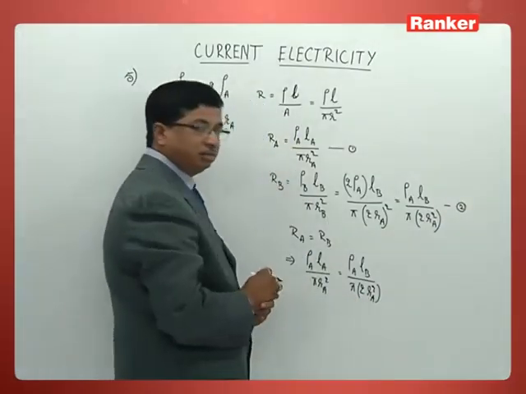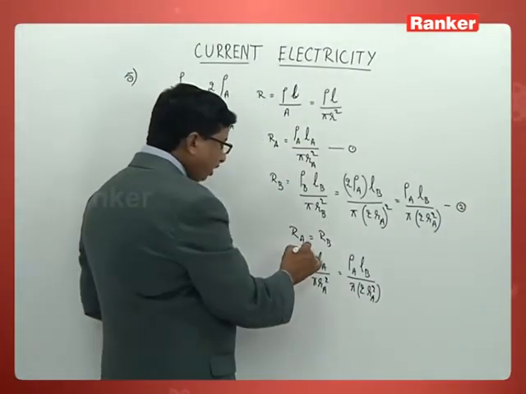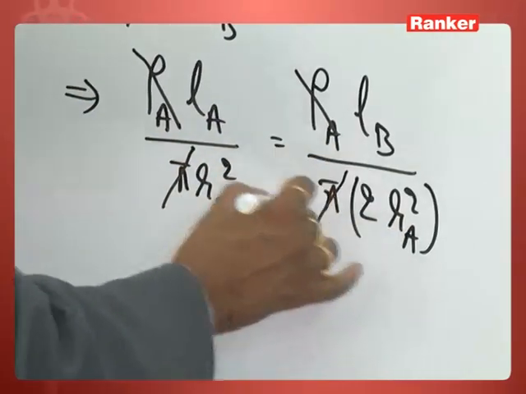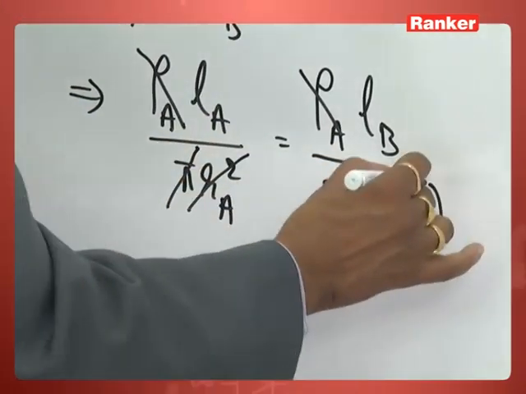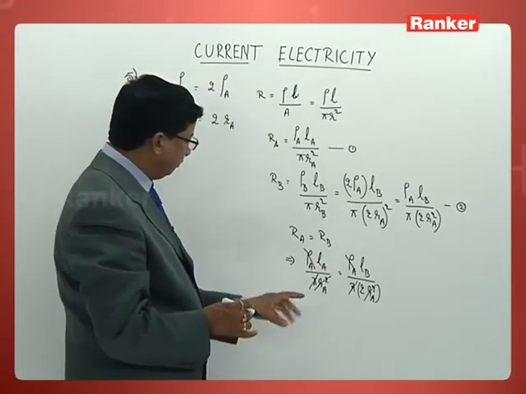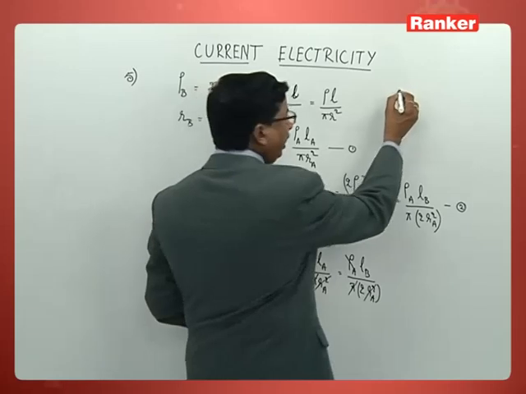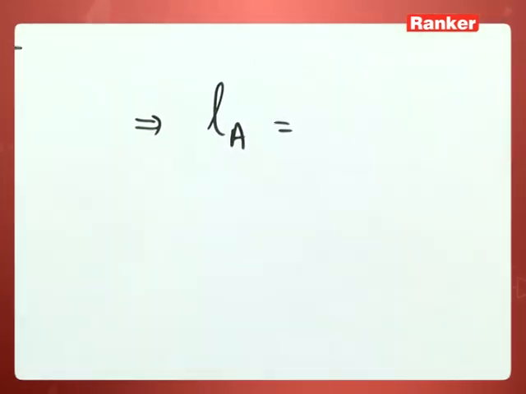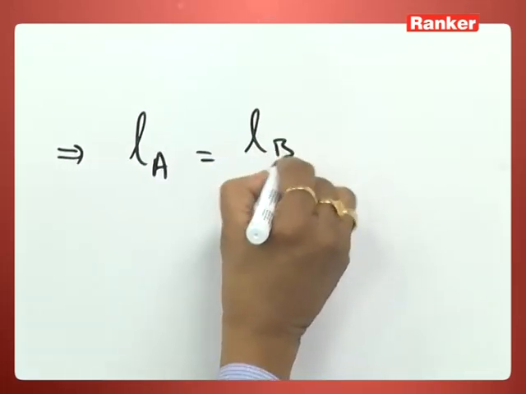Now rho A gets cancelled here, pi gets cancelled here, RA square gets cancelled here. What is now left over? Here we have LA, length of the first wire. Here we have LB by 2.